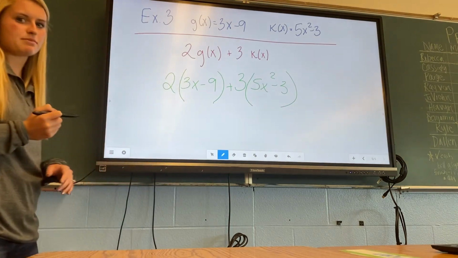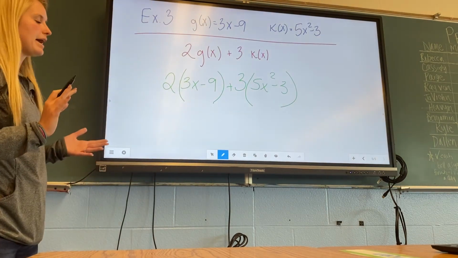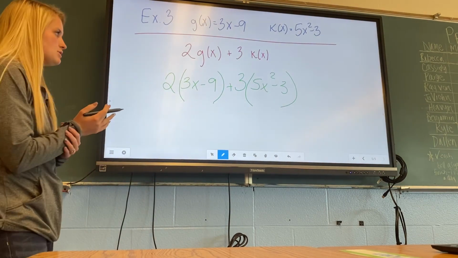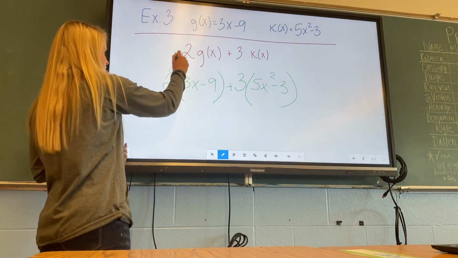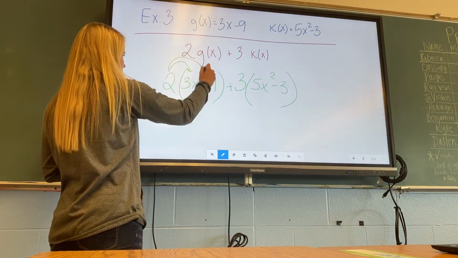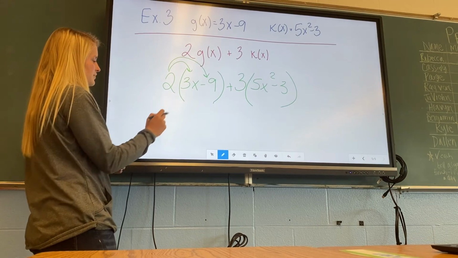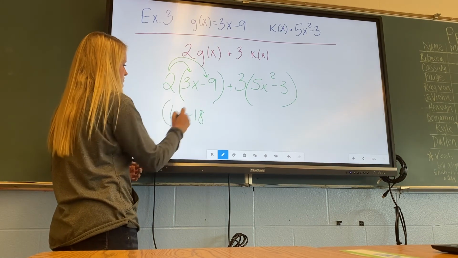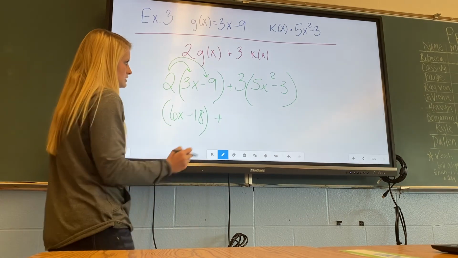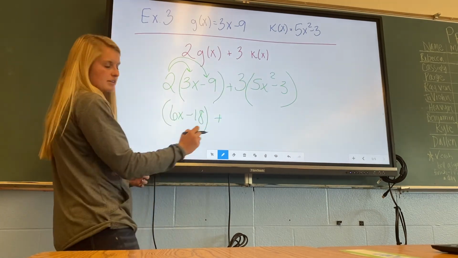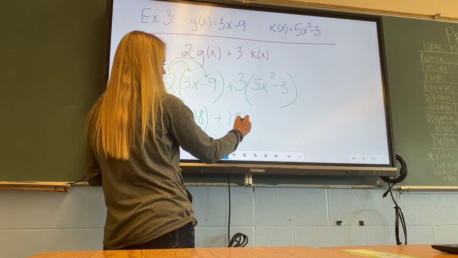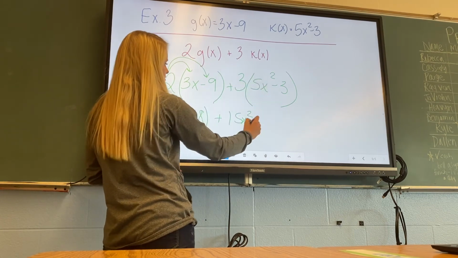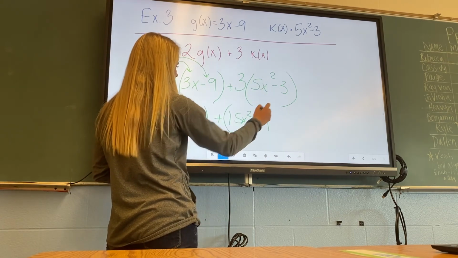Copy it down just like before. So now, before we add anything, we have to distribute the 2 and the 3 through. So we're going to do 2 times 3x and 2 times negative 9. So we have 6x minus 18 plus 3 times 5x squared is 15x squared. 3 times negative 3 is negative 9.